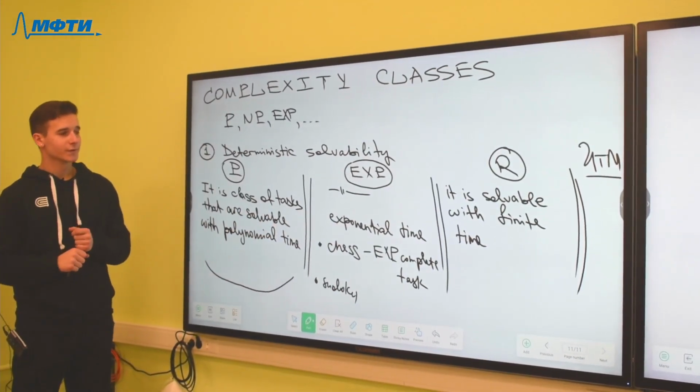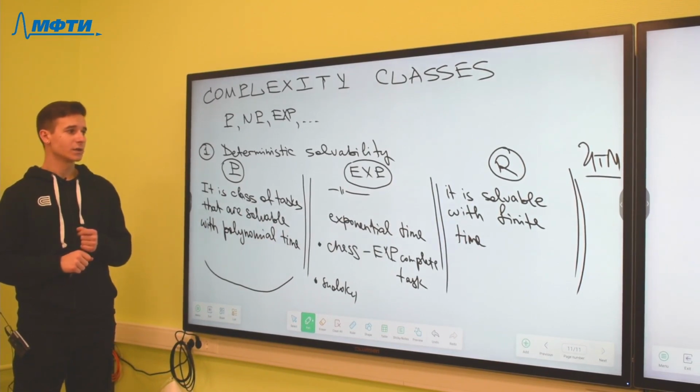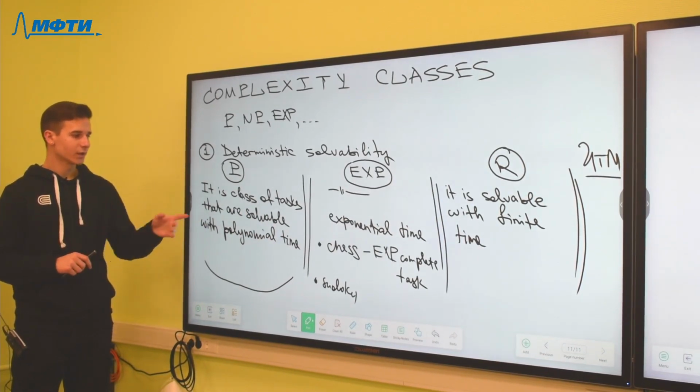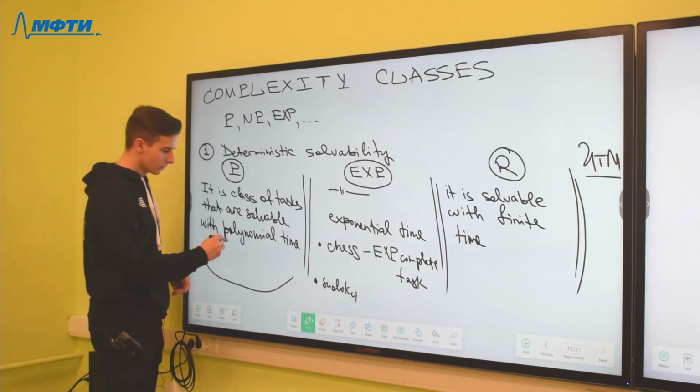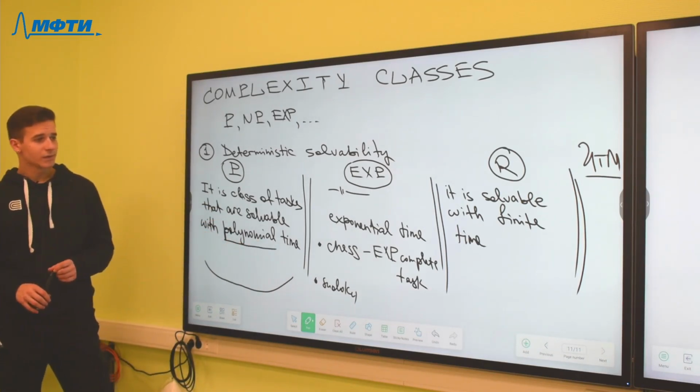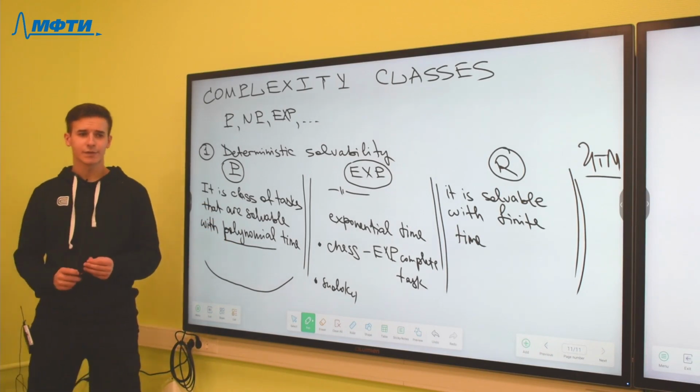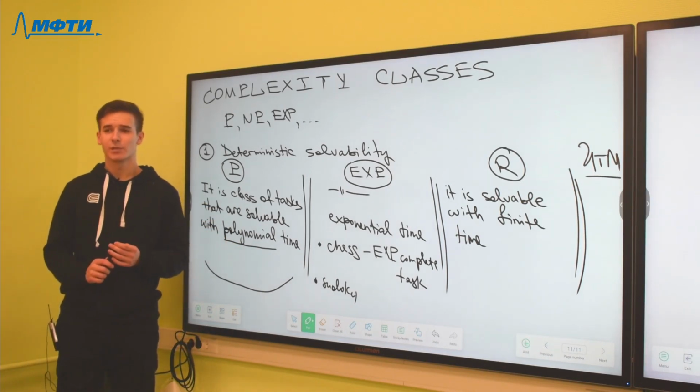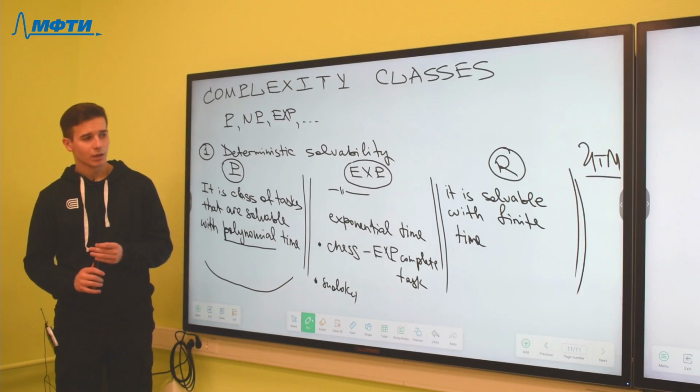So there are some deterministic classes that are connected with boundaries for time, yeah. And there are some classes, of course, that have boundaries for space.